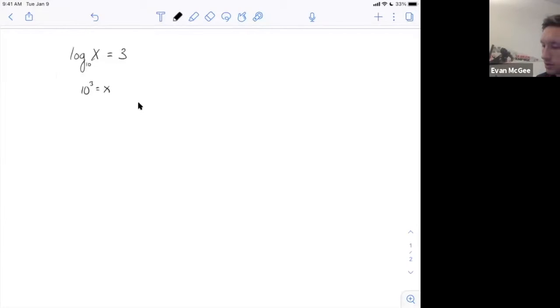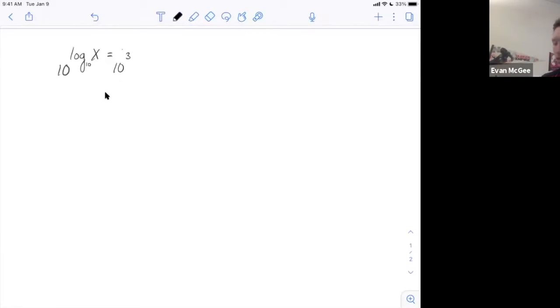The other way you can do this is you can raise both sides to be powers of the base. So if I raise this to be, for example, 10 to the power of log of x and 10 to the power of 3. So I wrote it like this.